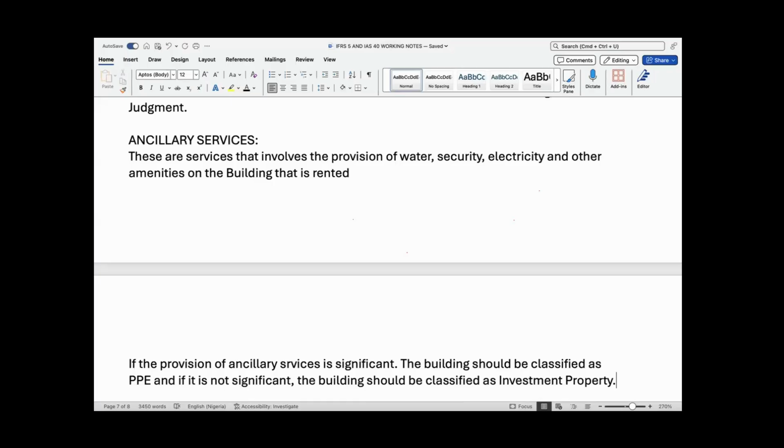So that one is beyond holding that building just for income and capital appreciation. You are running a business, using it for production of goods or services. It becomes PP because you have to employ a lot of people.